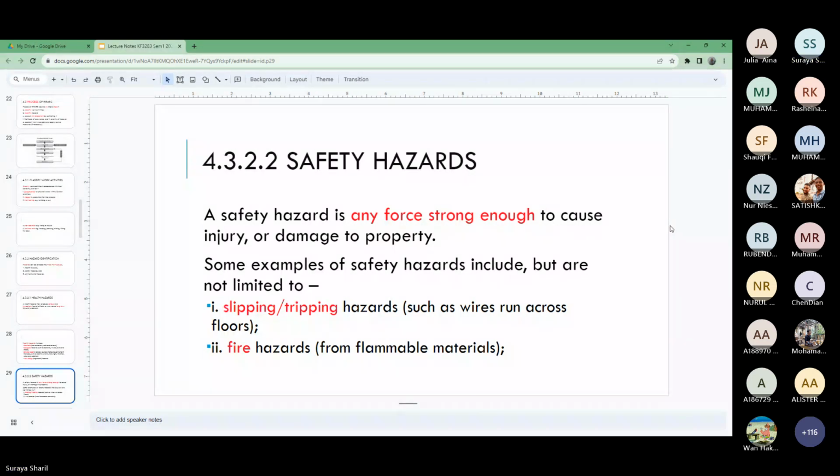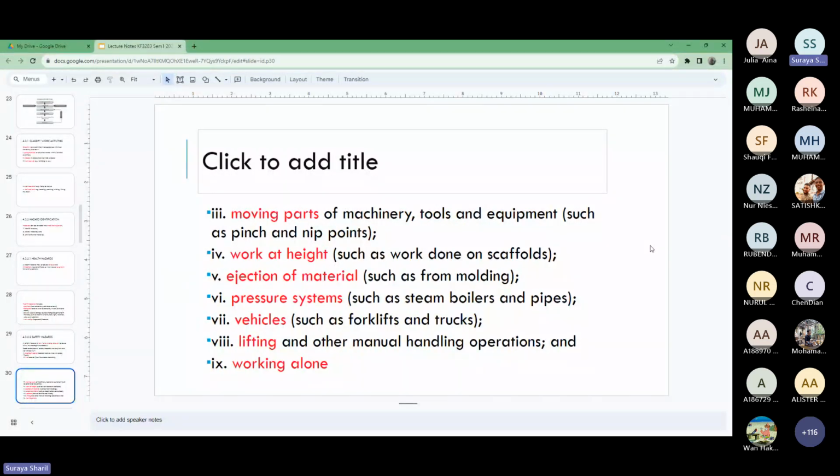For example, safety hazards include but are not limited to slipping or tripping hazard, fire hazard, moving parts of machinery, tools and equipment, work at height, such as work done on scaffolds, ejection of material, pressure system, vehicles, for example, forklift and truck, lifting and other manual handling operation, and working alone.